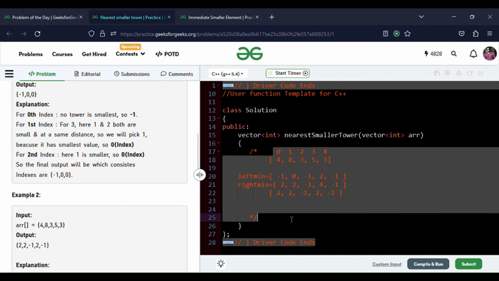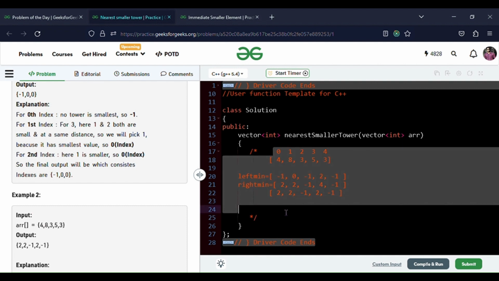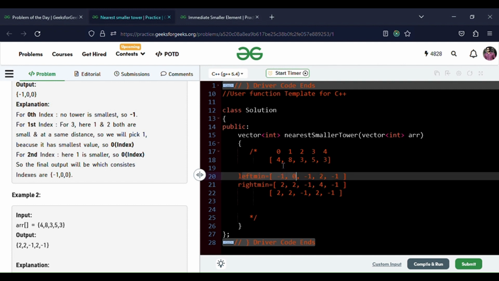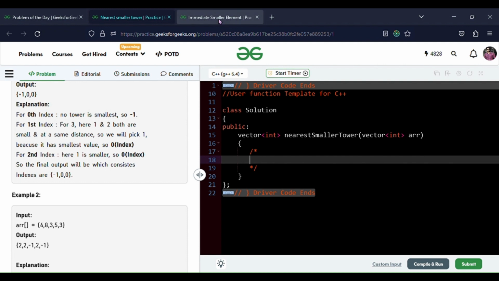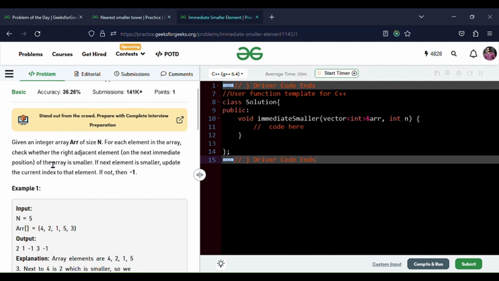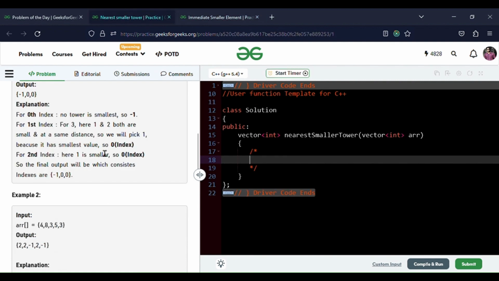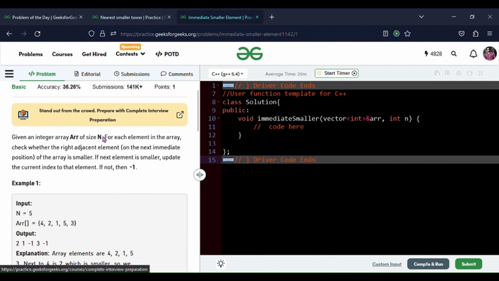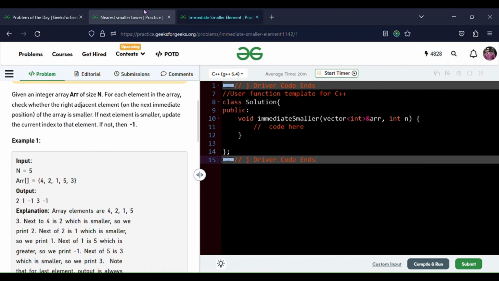So you must be wondering how we will calculate the left min and right min. This is a standard problem, and if you don't know about this problem, then you can go and solve it, and then you will be able to solve this problem very easily. This is the same, we have to calculate the right adjacent element for each element.